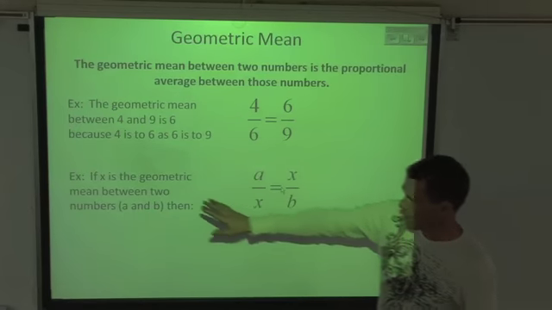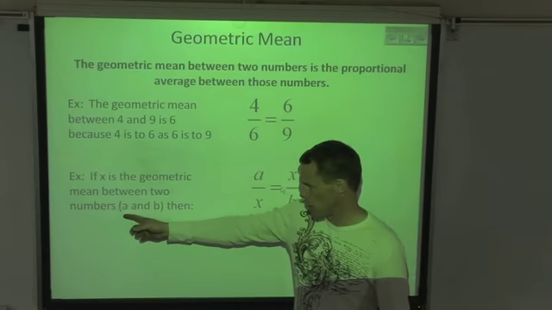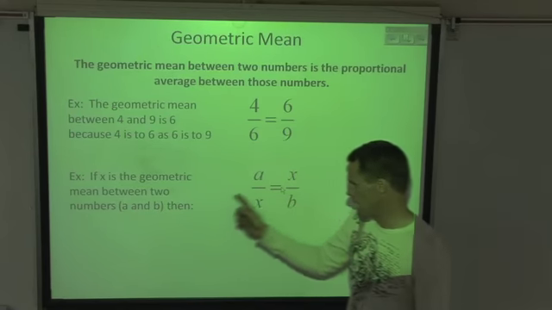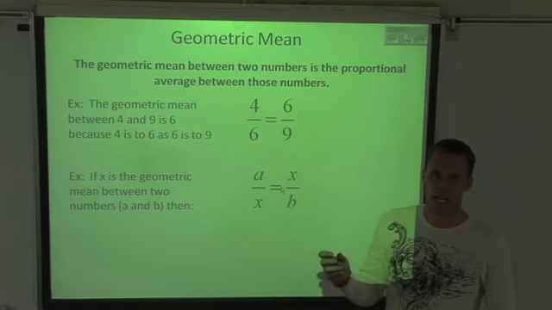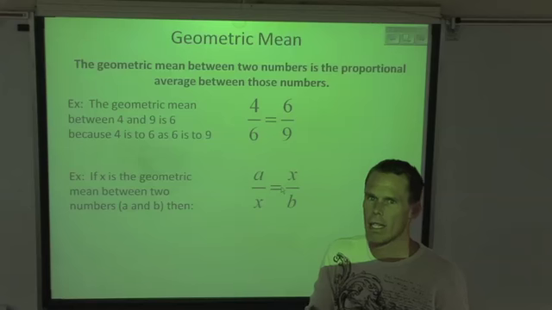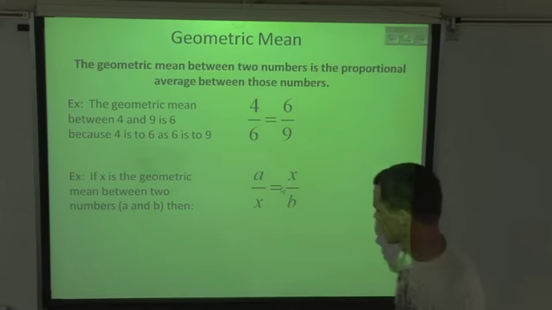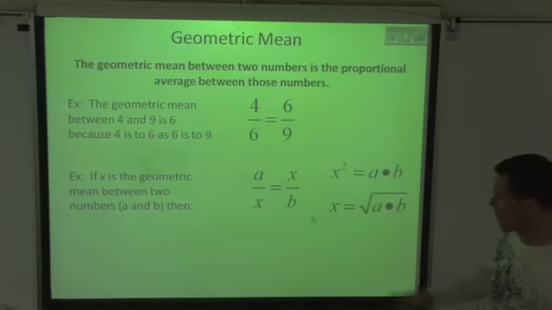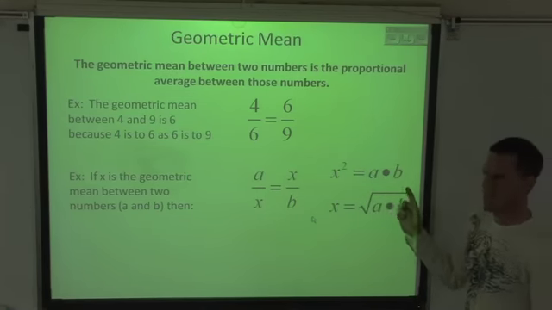So, if x is the geometric mean, here's our definition, between two numbers, a and b, then a over x equals x over b. And x will be in between a and b. It won't be right in the middle. It's not that kind of average. It's the proportional average. Now, if we cross multiply this, we see that x times x, x squared, equals a times b.